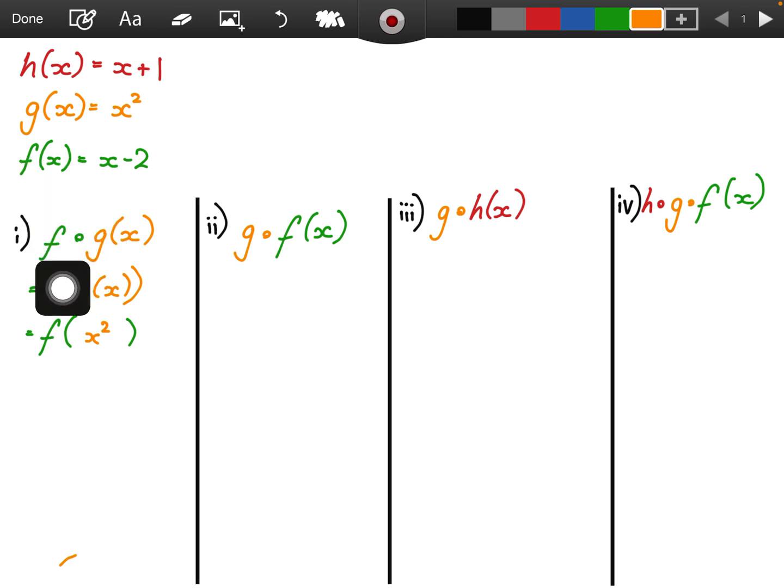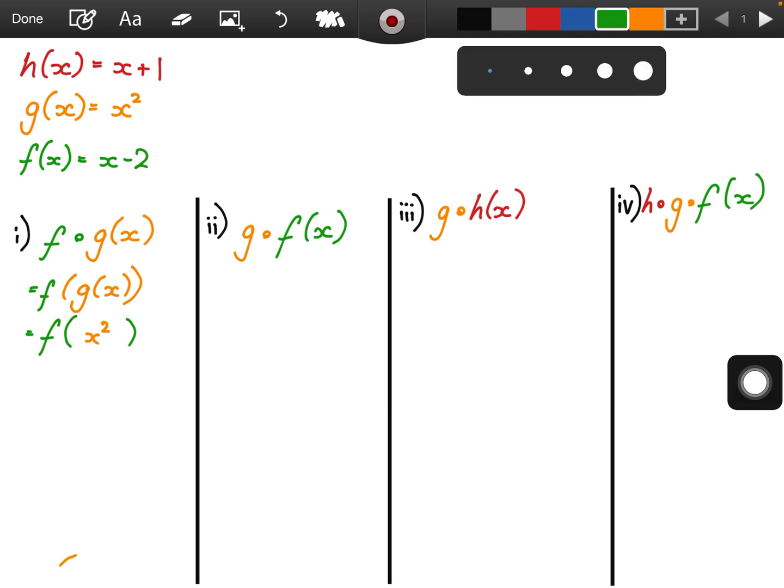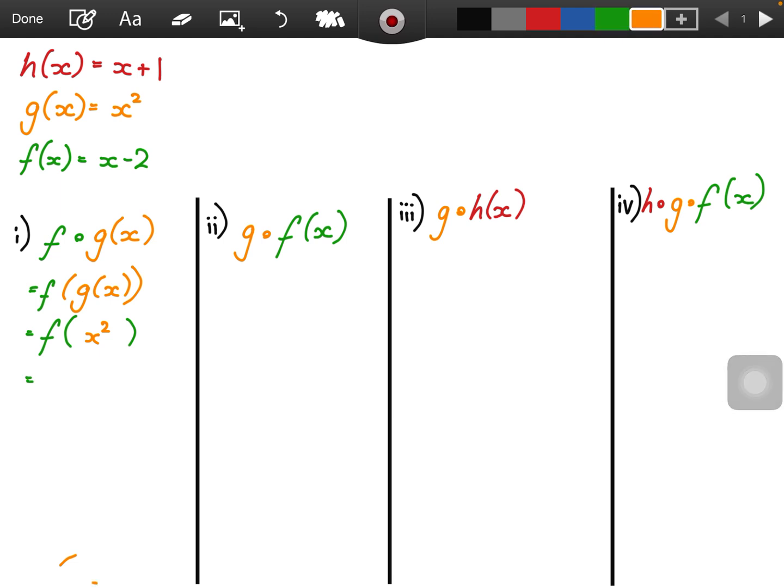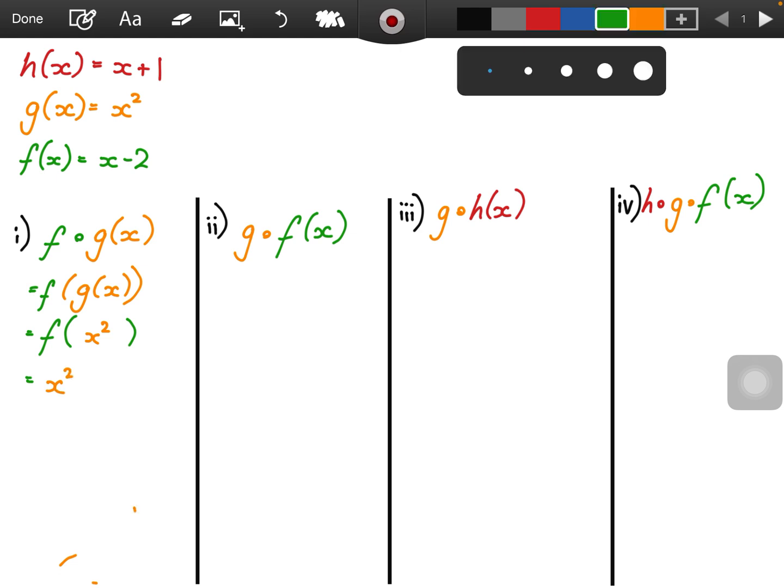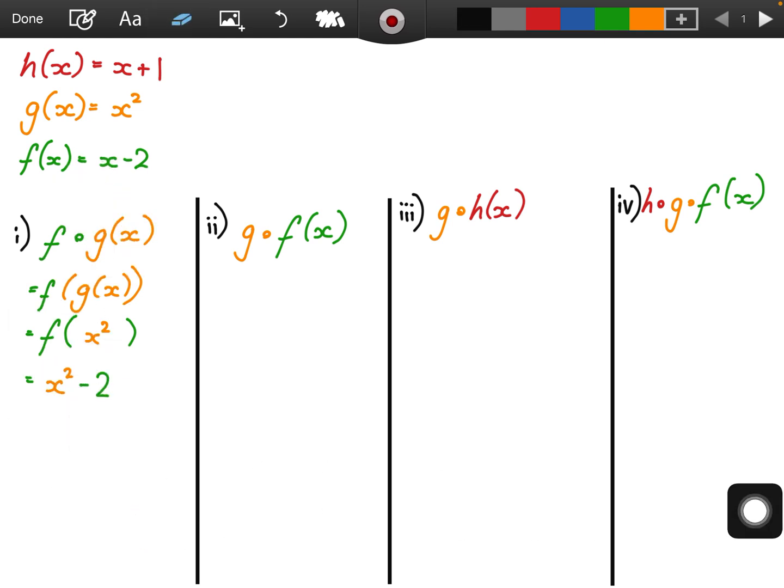Now the x is replaced with x squared, so my function is going to have the x replaced with x squared, and then it's still minus 2. So this x here has been replaced with x squared. Both here when it's f of x squared versus f of x, and here when I've said x squared instead of x minus 2. So that is that one.